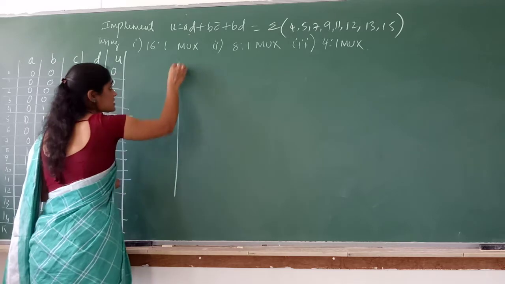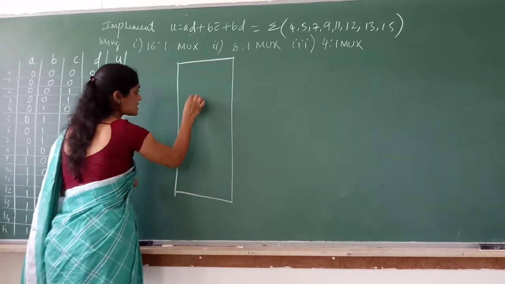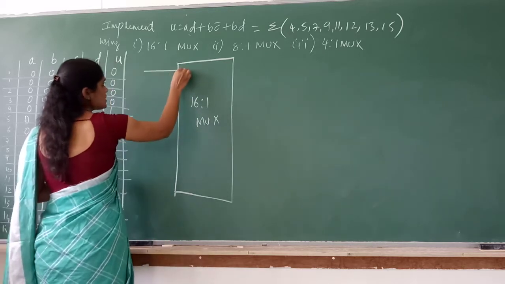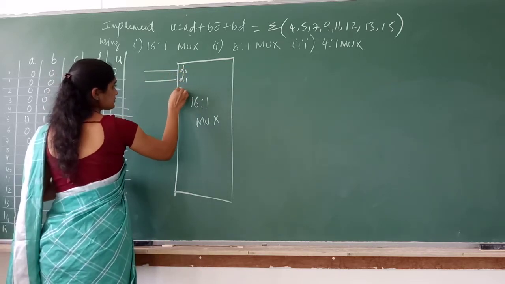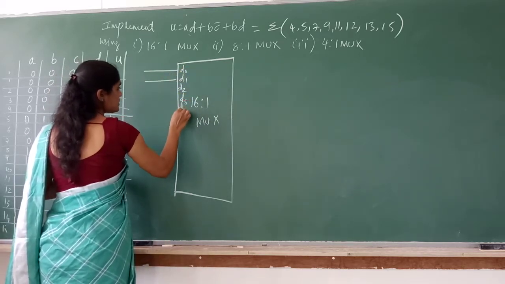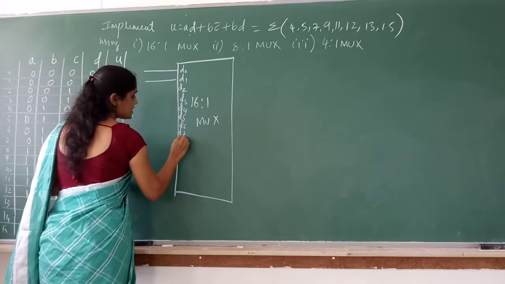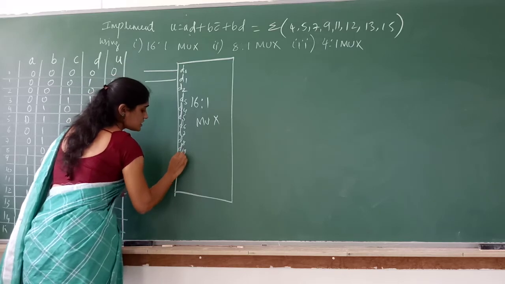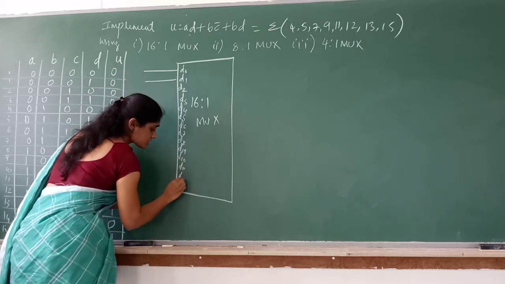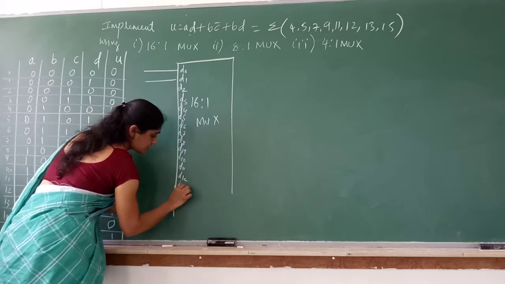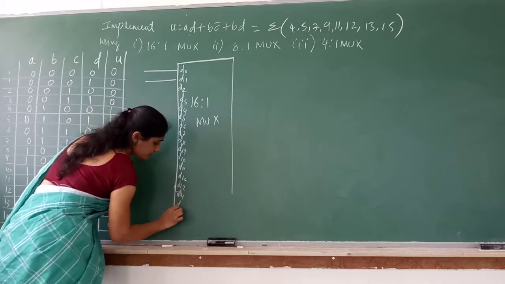So write 16:1 multiplexer logic symbol, 16:1 mux. How many inputs? 16. D0, D1, D2, D3, D4, D5, D6, D7, D8, D9, D10, D11, D12, D13, D14, D15.